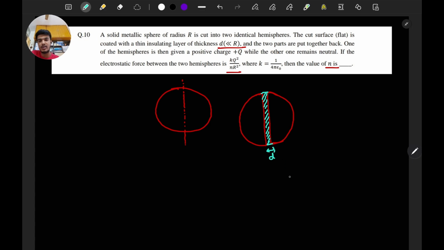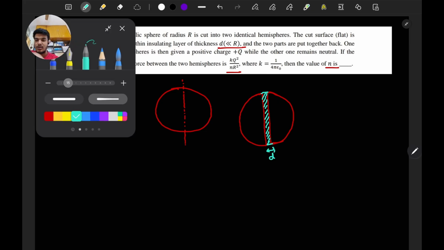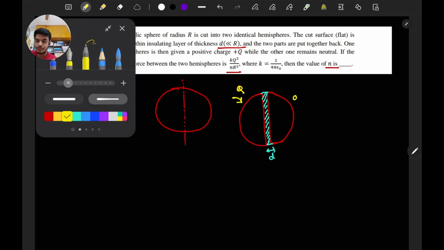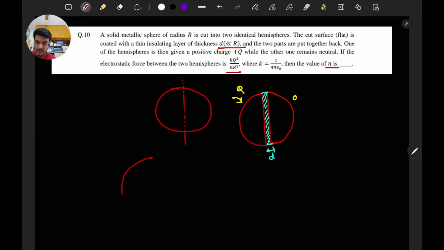So basically, what is happening is, if I take one half of this sphere, let us say we have given charge q to this side, and this is neutral, so 0. So very carefully notice this. I'm drawing it part by part to make you understand.